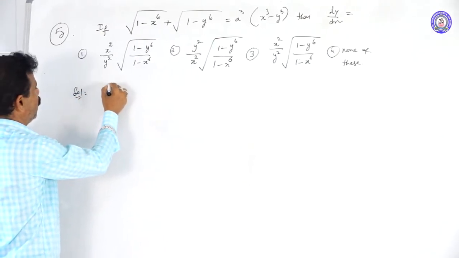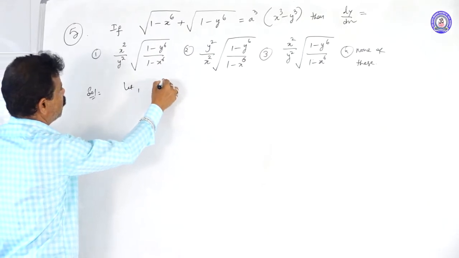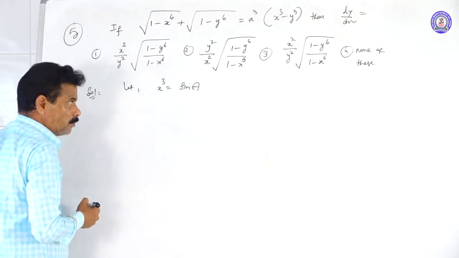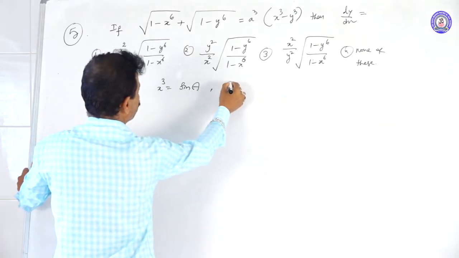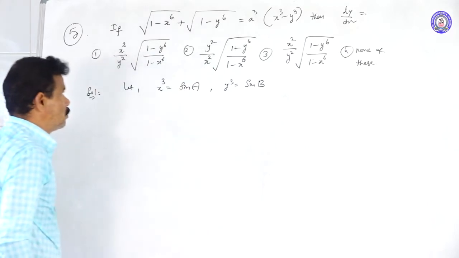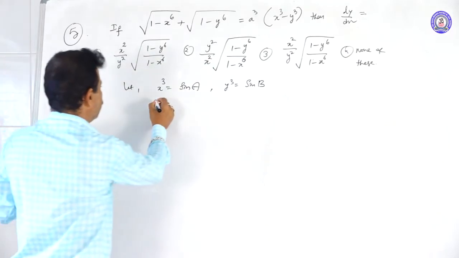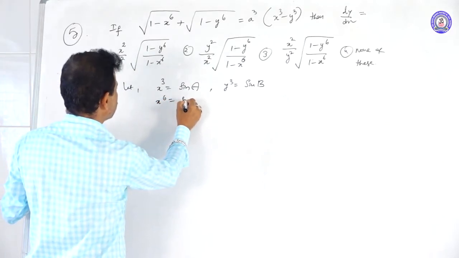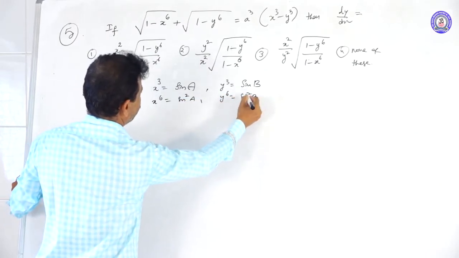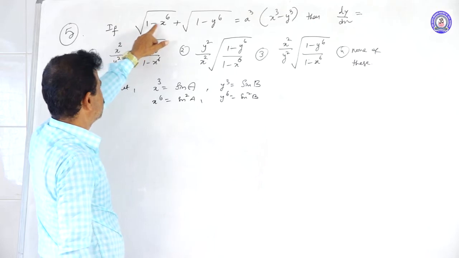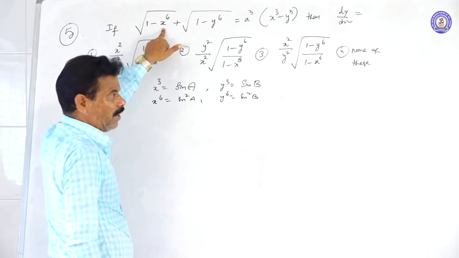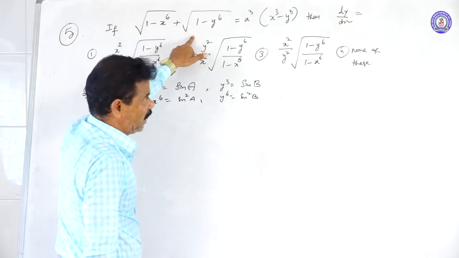Solution: let x cube is equal to sin a, y cube is equal to sin b. Then x power of 6 is equal to sin square a, y power of 6 is equal to sin square b. 1 minus sin square a is cos square a, under root of cos square a, cos a coming; here also cos b coming.